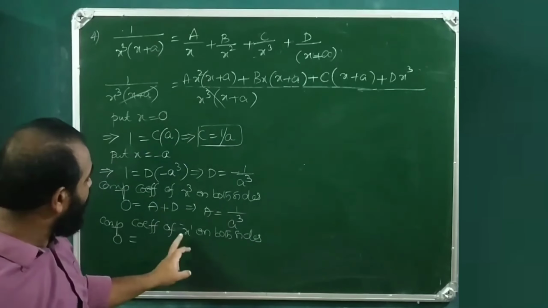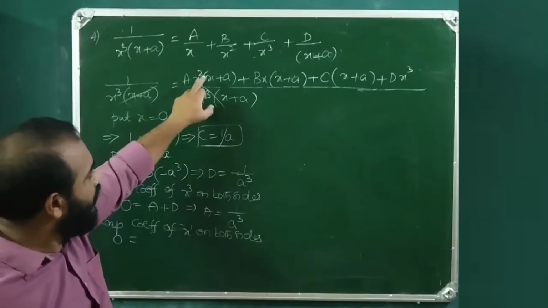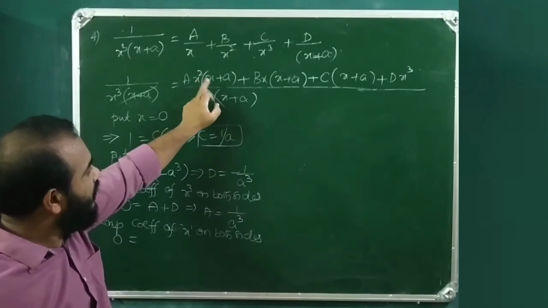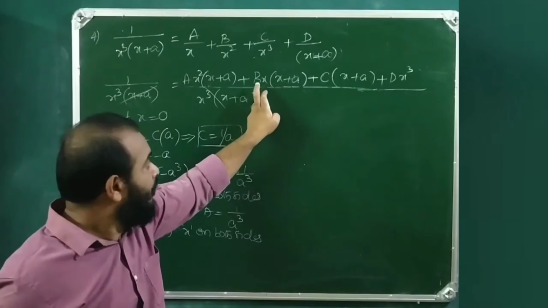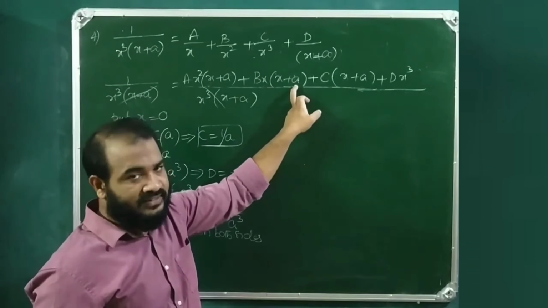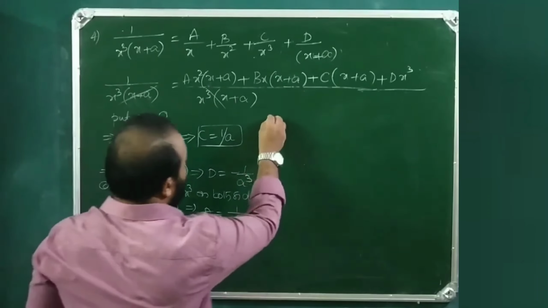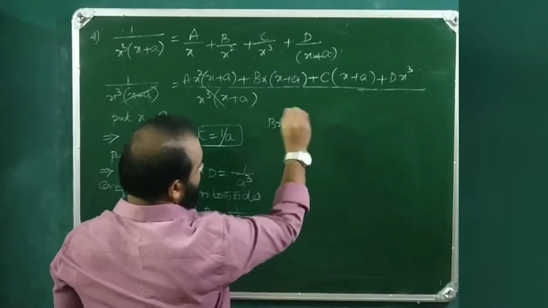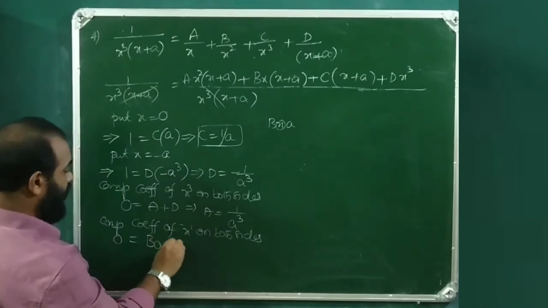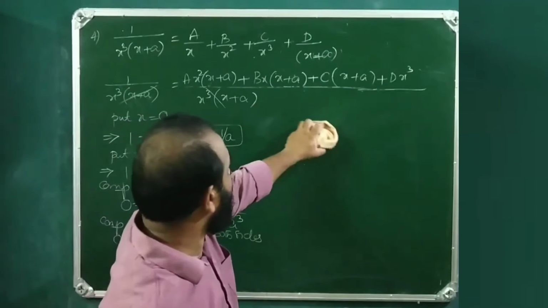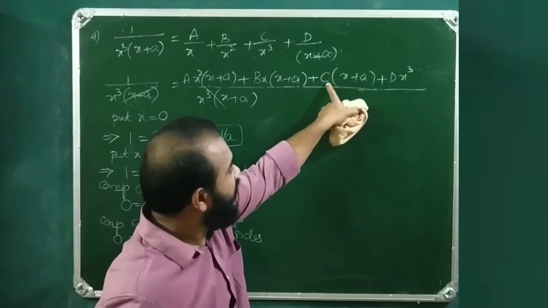So we are trying to take the coefficient of x. Therefore, we do not get any x coefficient here. X into x square. Bx into a, bx. So this is bx into a. So the coefficient of x is ba. Plus here the coefficient of x is c.